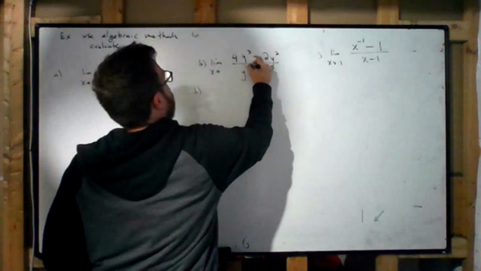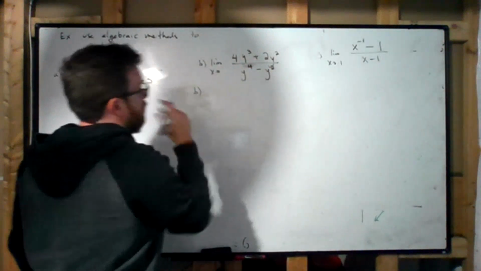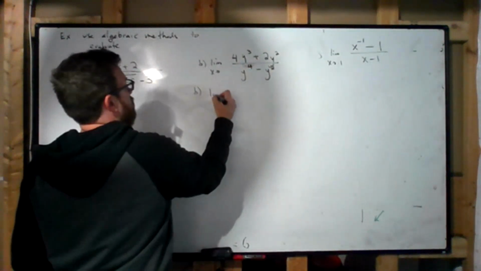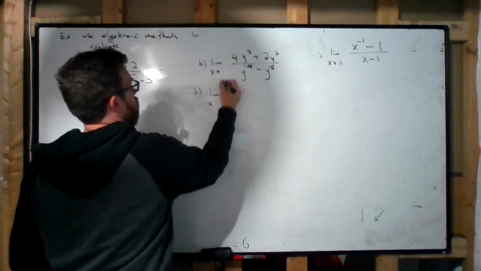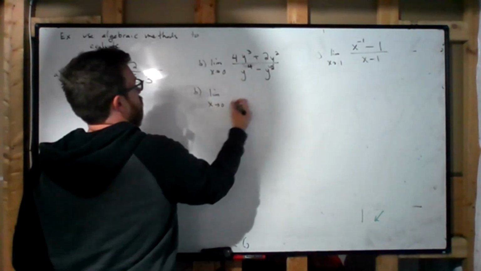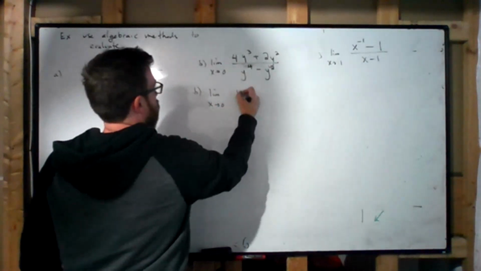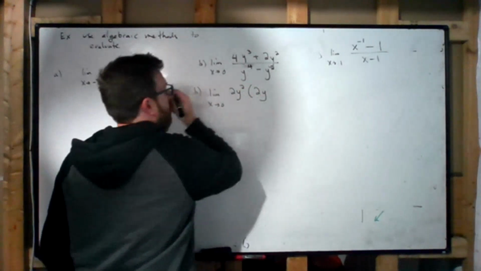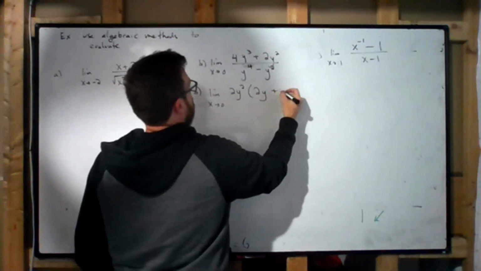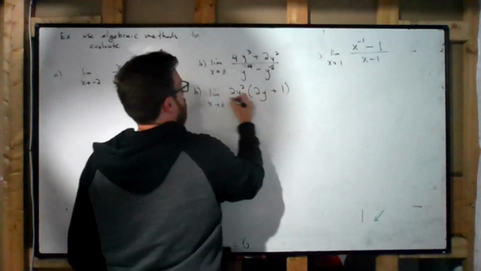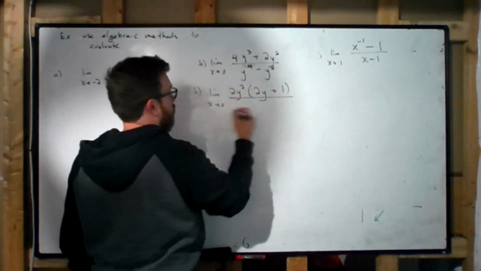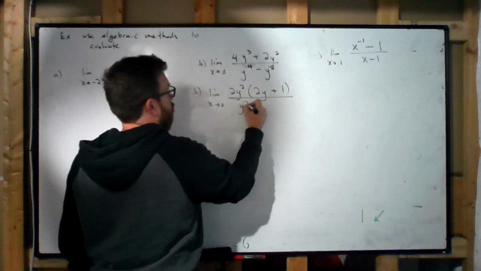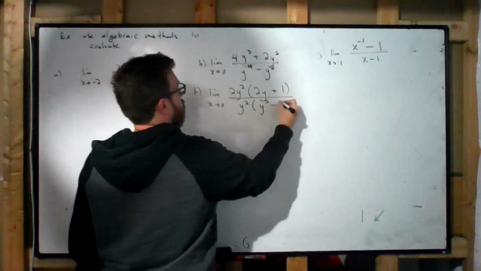Okay, so what I noticed is that it's greatest common factor kind of stuff. So this is going to be the limit as x approaches 0 of, they both share a y squared, actually a 2y squared. Factoring 2y squared out here, I'm going to get a 2y plus 1. And on the bottom, these also share a y squared. So I'm going to get a y squared, and this is going to be y squared minus 1.